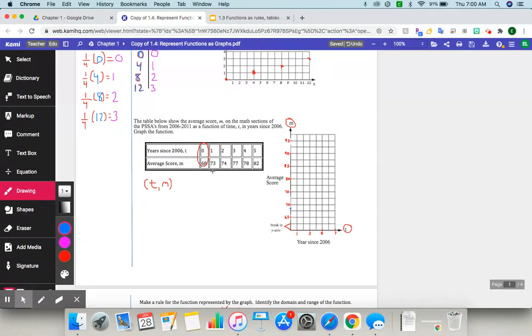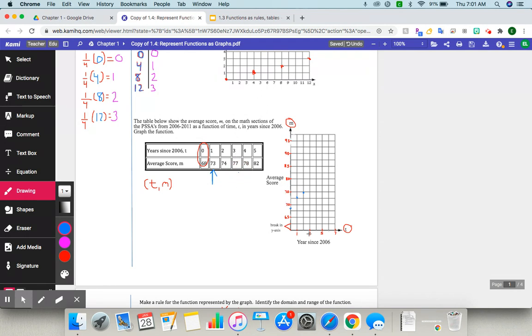So remember, this point represents the year 2007, and it represents a score of 73. So at 1, 73, that's about right here. The next point is 2, 74. That's going to represent the year 2008, since that's 2 years after 2006.